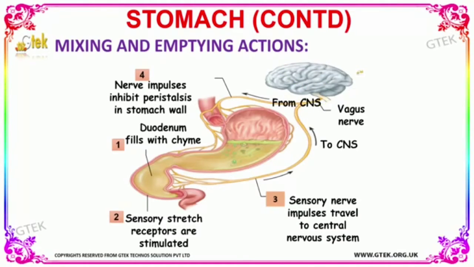After your central nervous system receives the impulse, it travels to inhibit the peristalsis in the stomach wall. By which the chyme present in your stomach moves into your duodenum and empties the stomach.